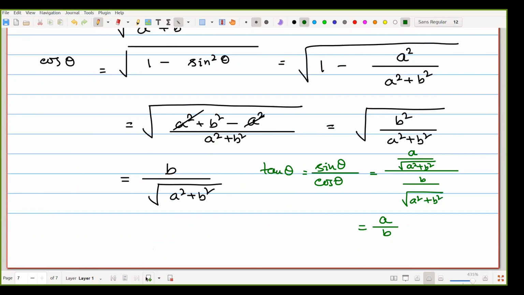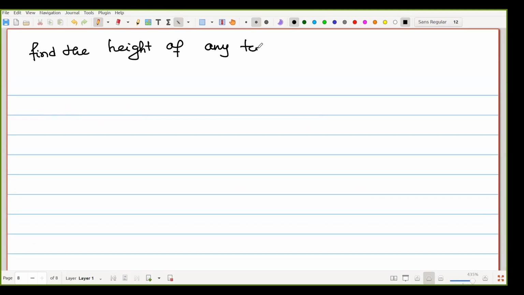Now the next problem, only one problem would be now. The next problem would be based on some application. Application means the trigonometrical functions are used sometimes to find the height of any tower.